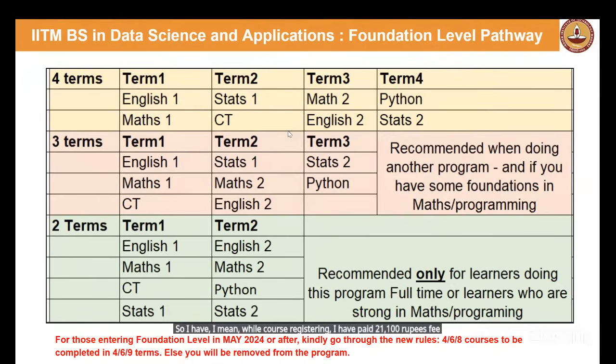So how much more do I need to pay now? How many courses have you registered now? Pending courses, it's showing 9.